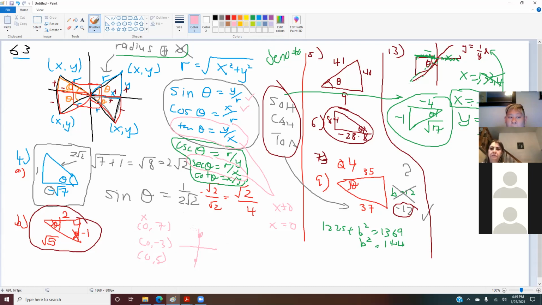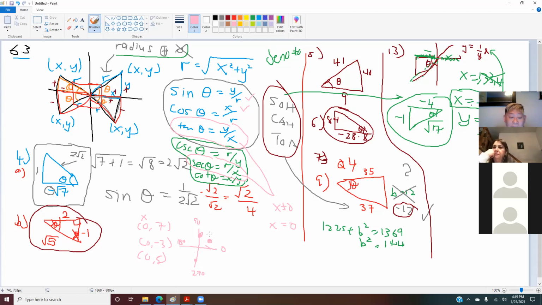Does anyone remember, if you draw an angle, what angle this is? This is 0. This is how many degrees? This is 180, right? 90. And then what's the other one down here? 270, right?